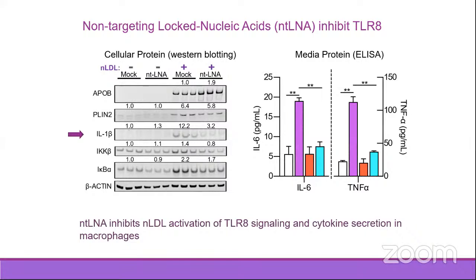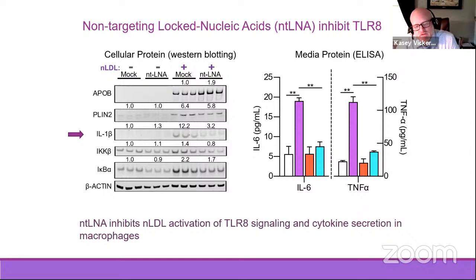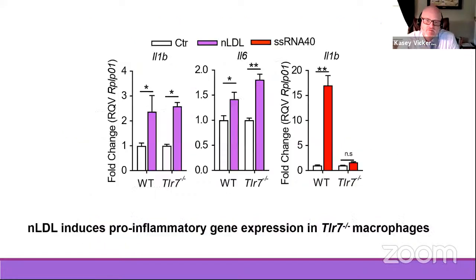So these are 3 different loss of function studies on TLR8 that we felt really demonstrated that TLR8 is the receptor for LDL activation of the macrophages, or native LDL activation of the macrophages. So I think one of the things that's held back TLR8 research over the last decade is that early on, people were claiming that TLR8 was non-functional in mice. I think over the years, that argument has waned a little bit.